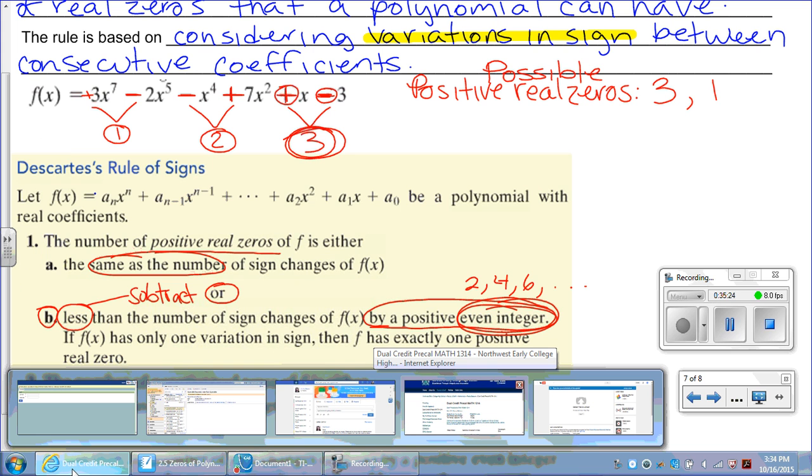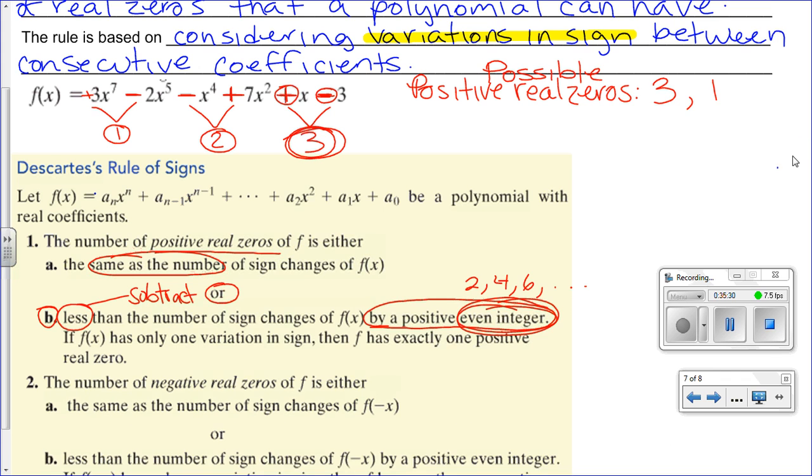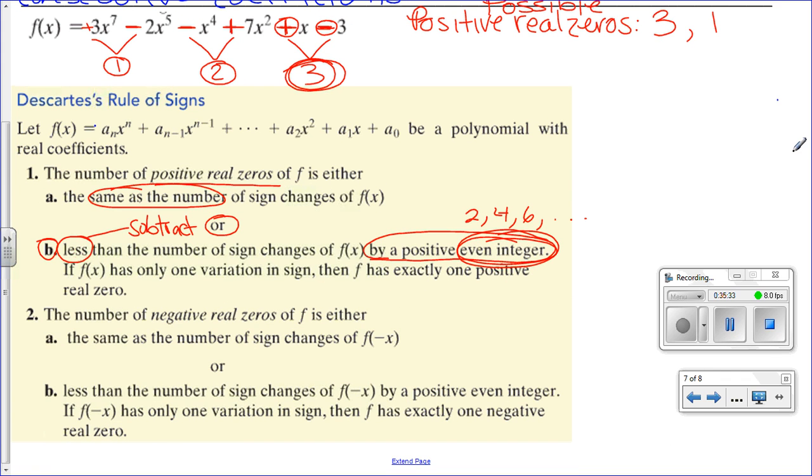And that is the next part of the definition, or the explanation that we have here. So for negative real zeros, we're going to have to find f of negative x. And so I'm going to do that with the same polynomial.